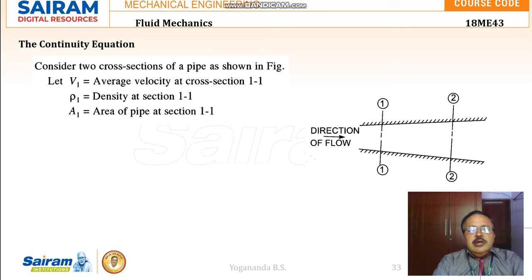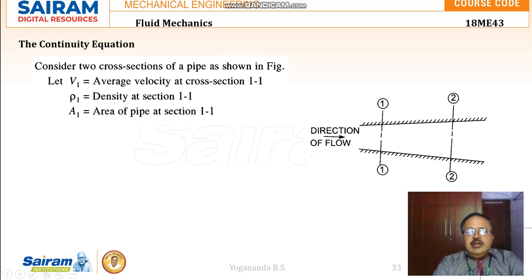The continuity equation is based on the conservation of mass law. Here I am considering two cross sections of the pipe, section 1 and section 2. V1 is the average velocity at section 1, rho 1 is the density of the flowing fluid, and A1 is the cross-sectional area of the pipe at section 1.